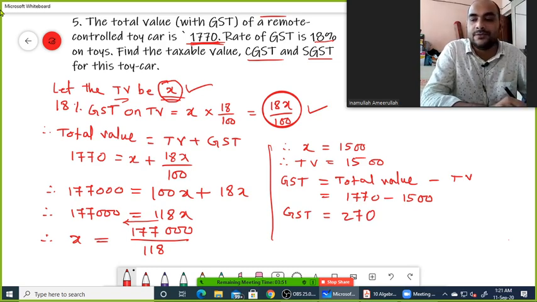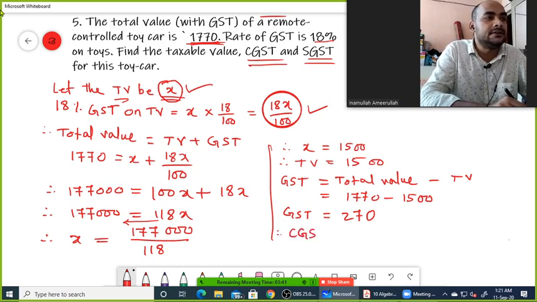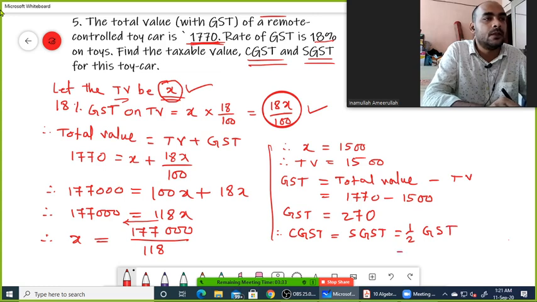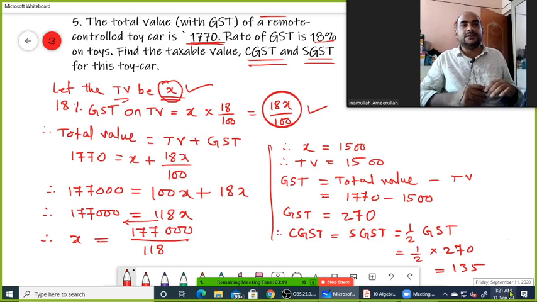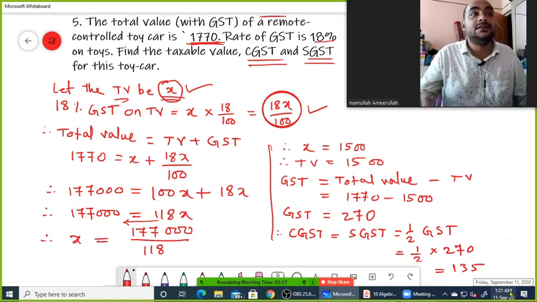And as we know, CGST and SGST is supposed to be half of GST. So here you can say CGST is the same as SGST and each is half of GST. Half of GST means half of 270. So this should be 135. So CGST is 135 and SGST is also 135.